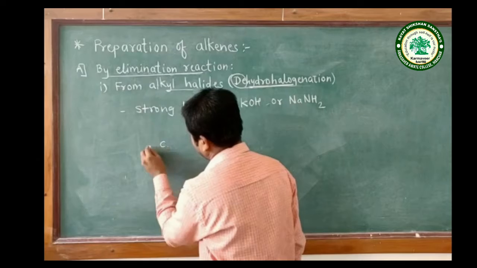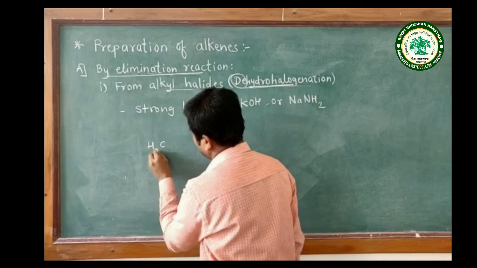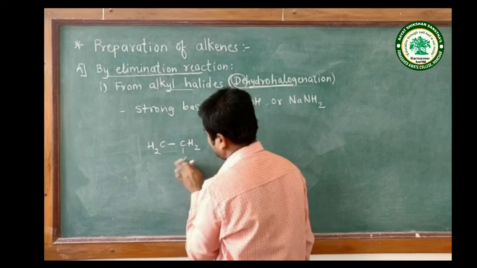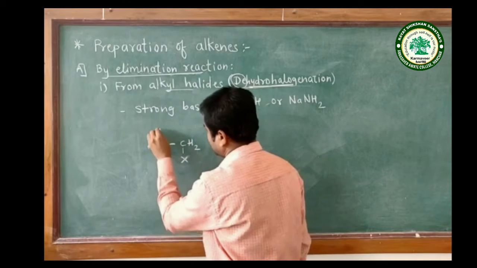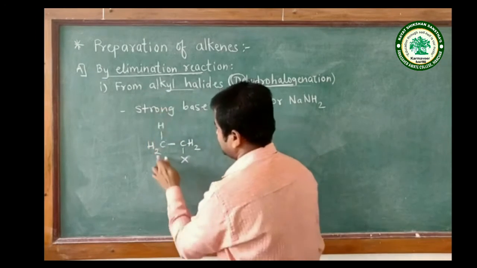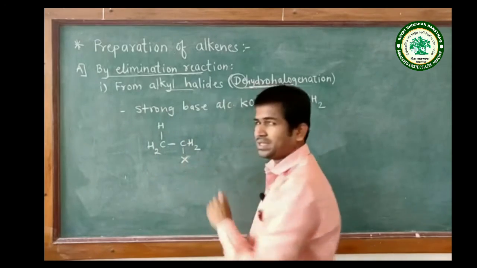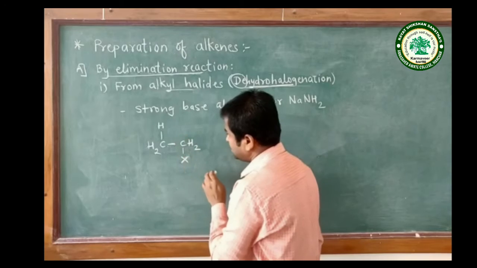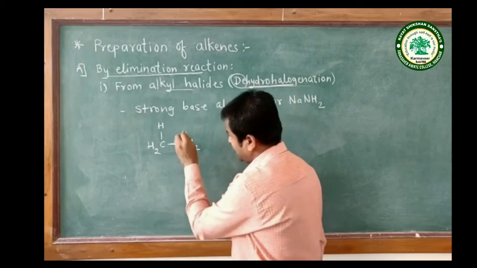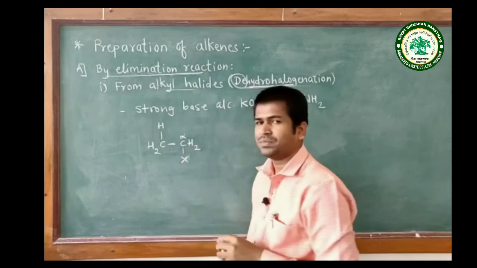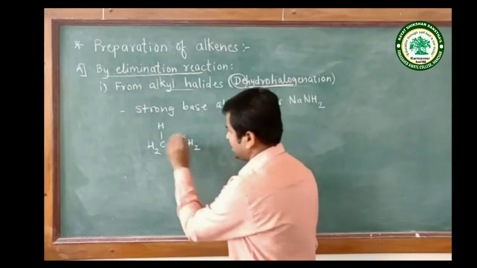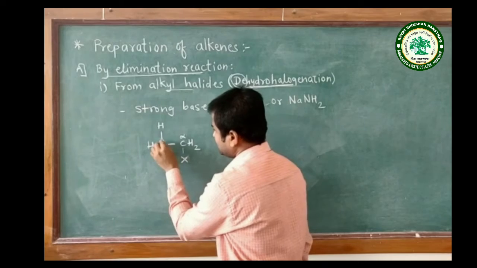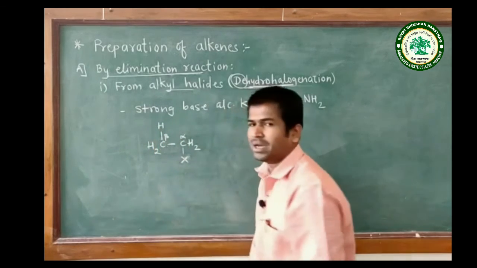So with example we see CH3CH2X. The carbon to which halogen is attached is called alpha carbon, and the adjacent carbon is called beta carbon.